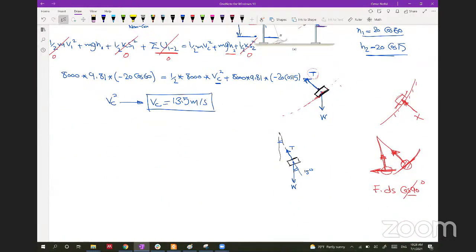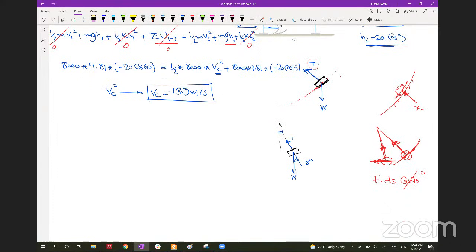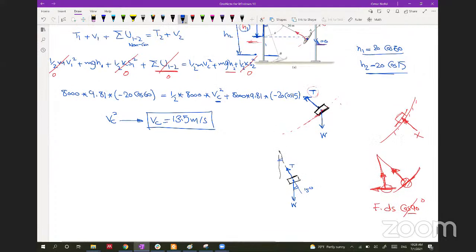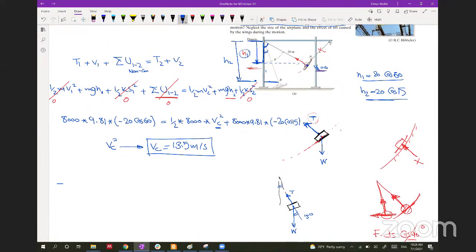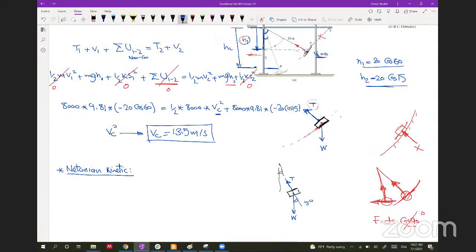Okay, so to get the maximum tension, we will have to go back to the Newtonian kinetics. So now we know the velocity of this at theta equal 15 degree.